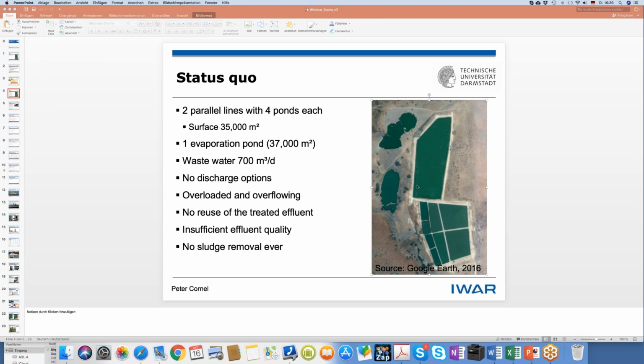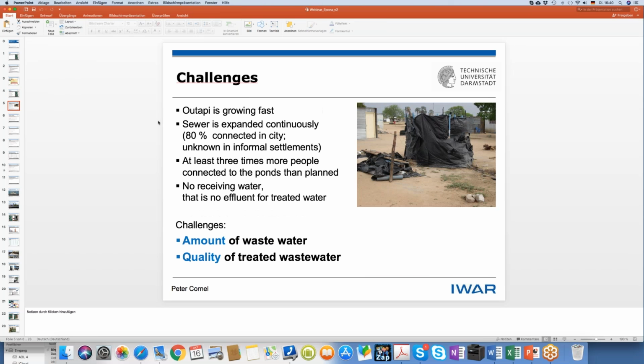This evaporation pond is just too small, and you see that the water is flowing into these other pools. And so far, there is no reuse of the treated effluent, and the effluent quality is quite bad, I have to say. So the challenge is, if we look here on the bottom, the amount of wastewater is just too big, and the quality of the treated wastewater is too low.